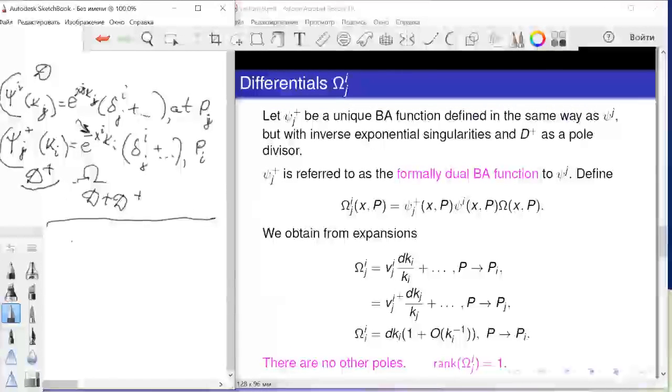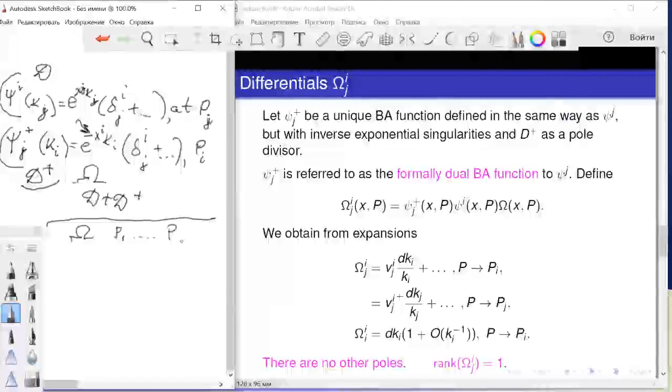So omega has poles of the second order at P1 and so on, Pn, and zeros at D plus D cross.